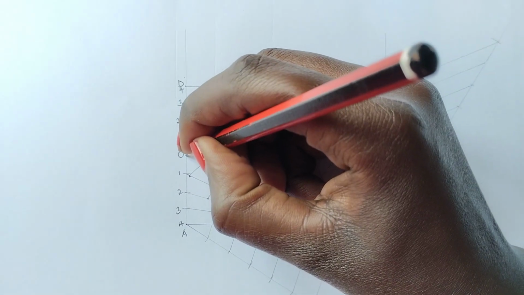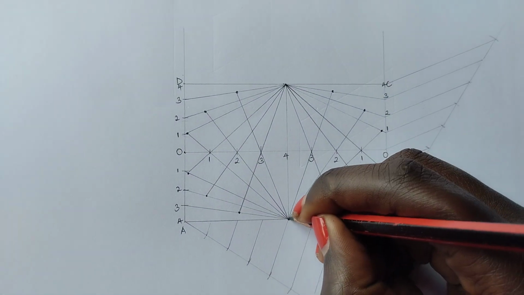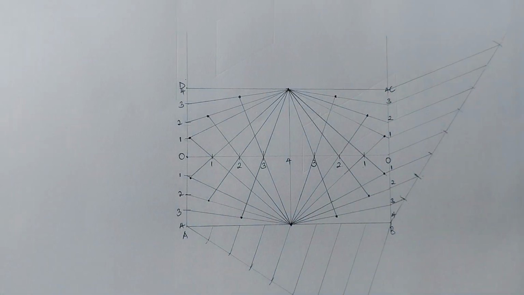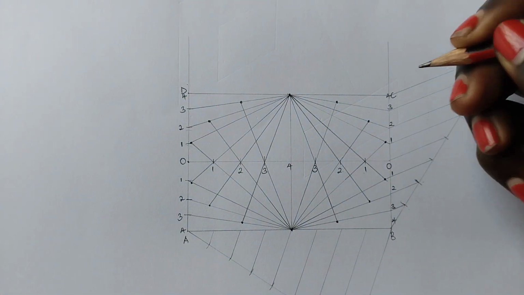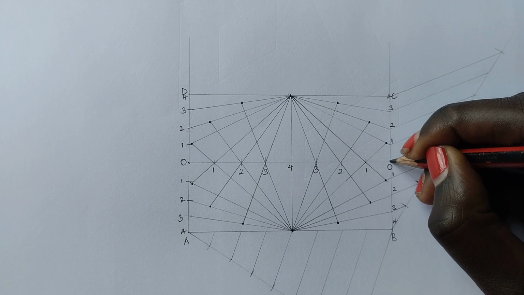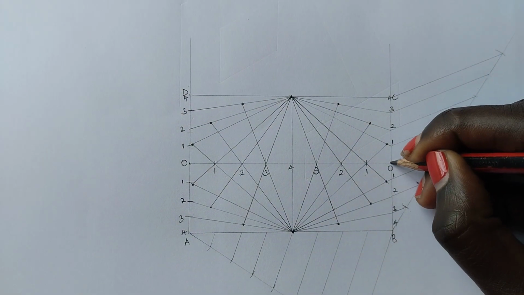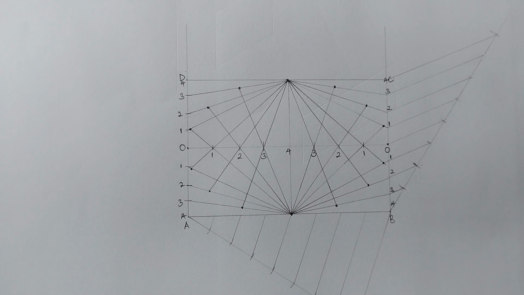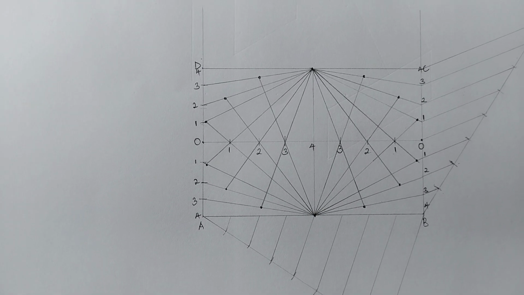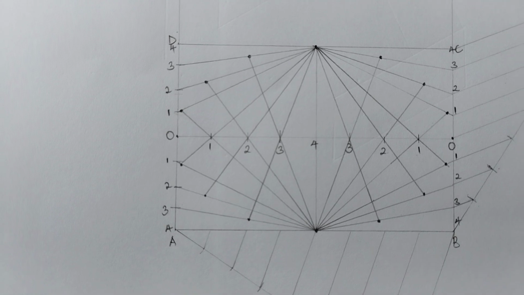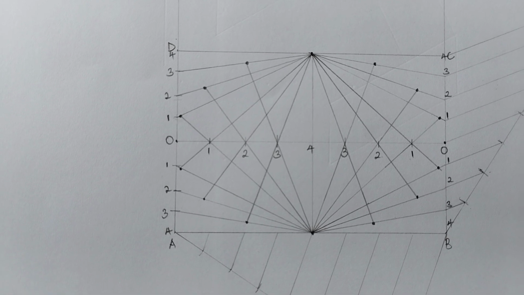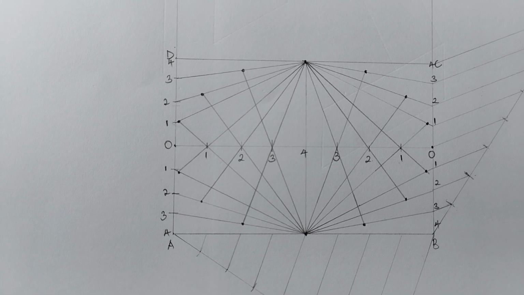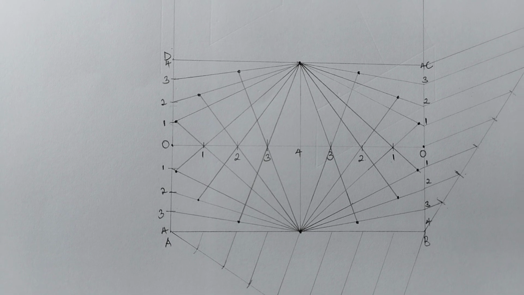So we have this point 0. We have at the mid of our line AD and DC. So we have that. And we have the mid of our line BC and AD. So we're going to join all the points freehand using our HB pencil.